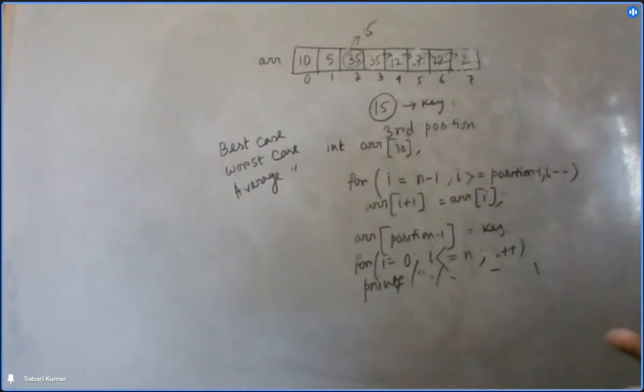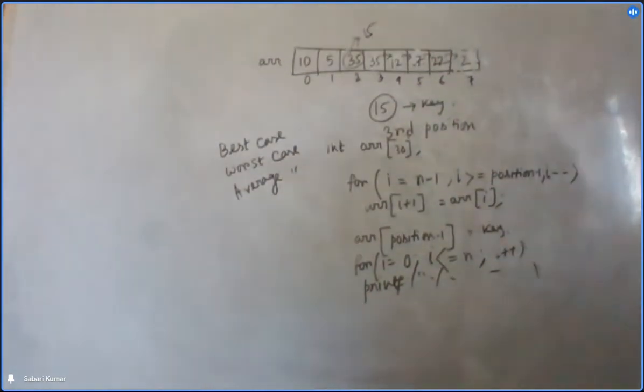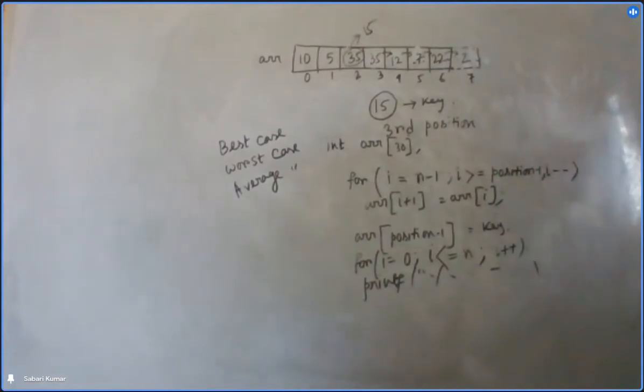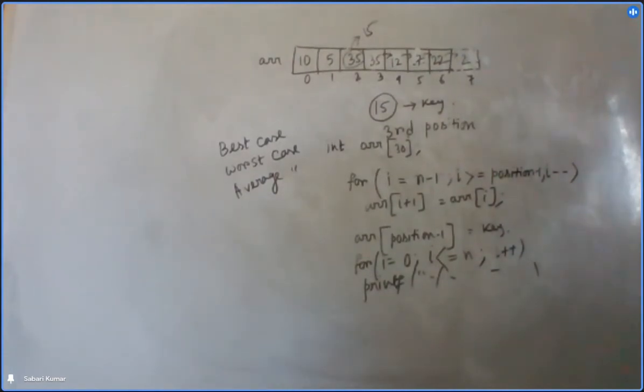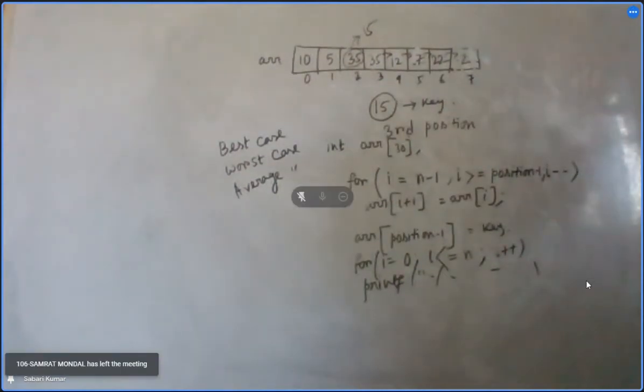That means this loop iteration is actually not required. So in that scenario, you can easily say what is the best case time complexity of this particular algorithm. Tell me. Big O of 1, right?